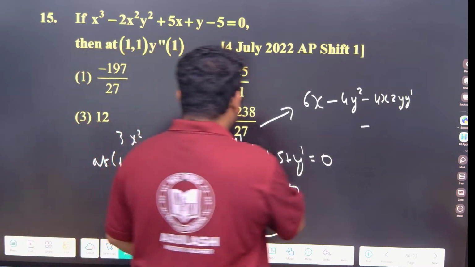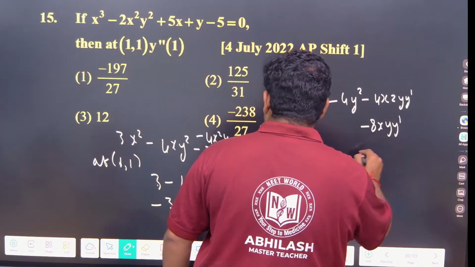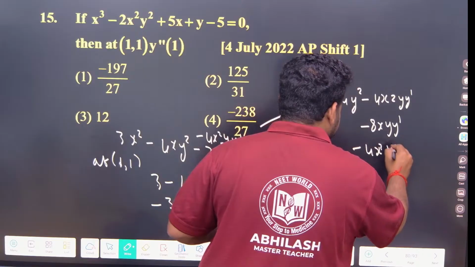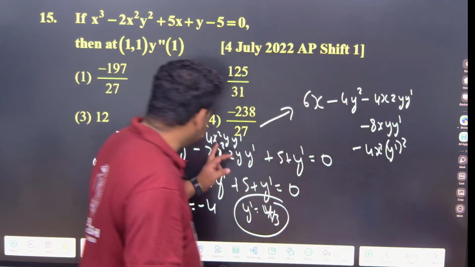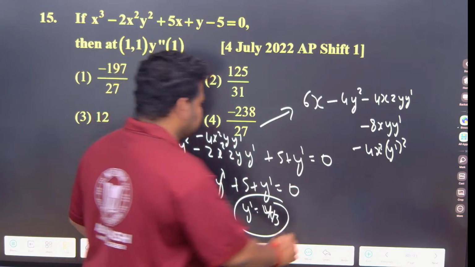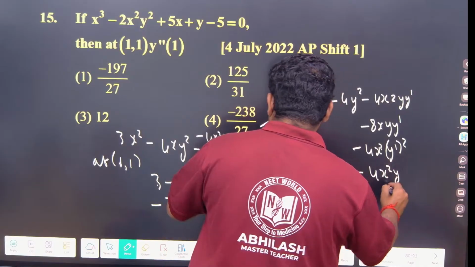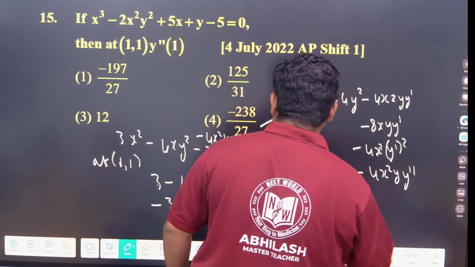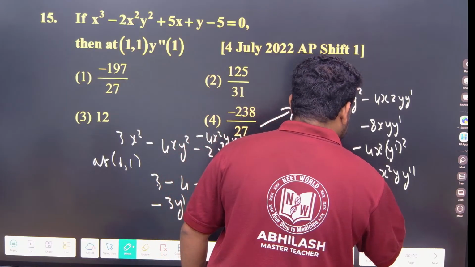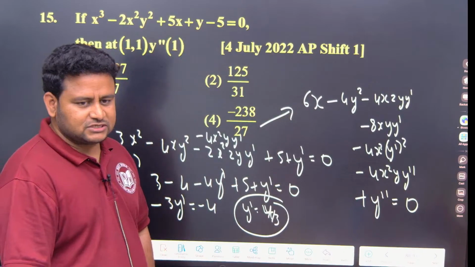So this will become 8x into y dash, minus 4x square, derivative of y is y dash, whole square. Then 4x square y into y dash, derivative is y double dash. Plus 5 becomes 0, plus y double dash is equal to 0.